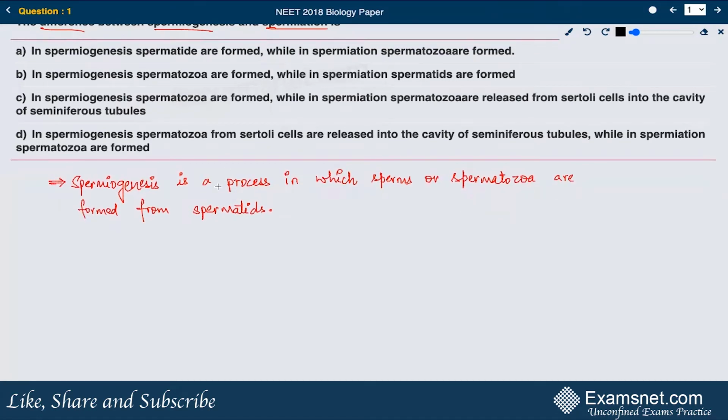Now let me tell you that there are basically 4 spermatids which are formed from the secondary spermatocytes. So these spermatids are 4 in number, and they are haploid. Haploid means having a single set of chromosomes.